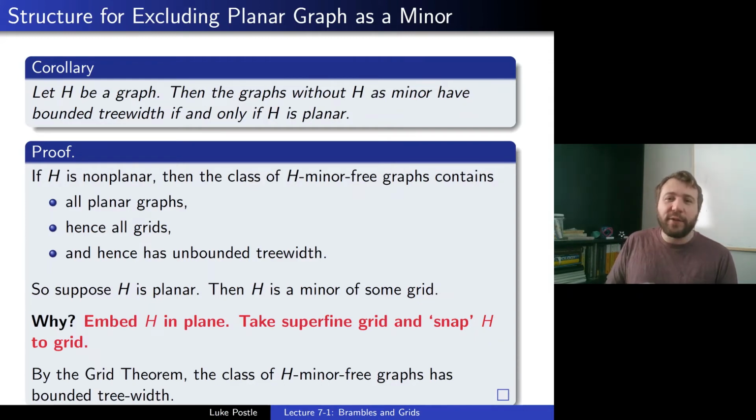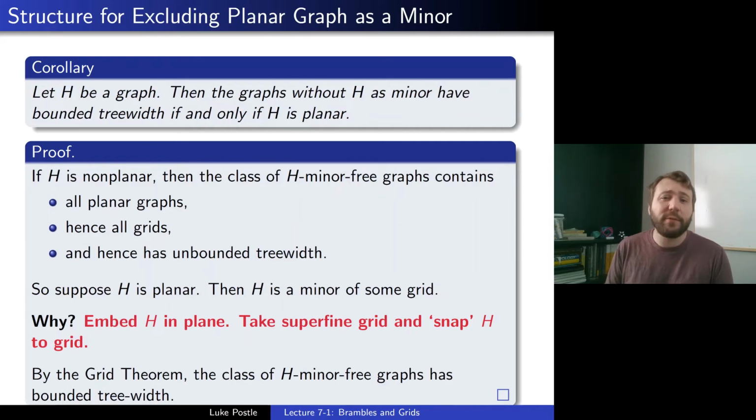One, they're the ones that when you exclude them as a minor, you get bounded tree width. So they nicely answer that question, which seemingly has nothing to do with embedding, right? If you just define tree width, that's just about trees. Minors aren't really about embedding. So somehow they're fundamentally the answer to a totally non-embedding question.